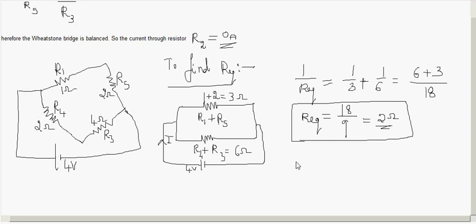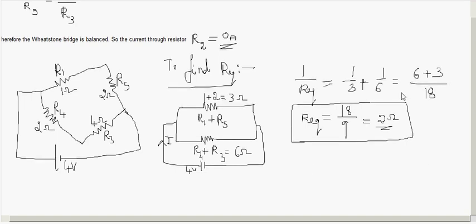Therefore the current in the circuit I, the current drawn by the battery, is equal to V by R equivalent, 4 by 2, which is equal to 2 ohm. Sorry, 2 amps, not ohm, 2 amps.